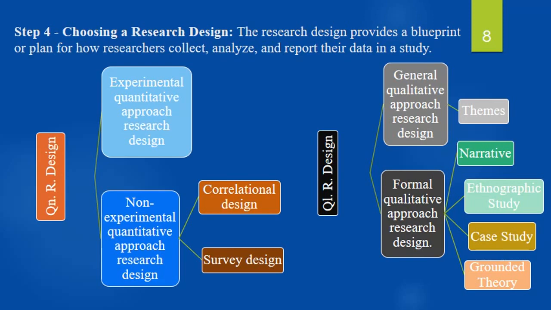But right now, let's go to the fifth step of an educational research. Here, researchers select participants and collect data. Researchers select the participants and gather data in order to address their study's purpose and research questions.